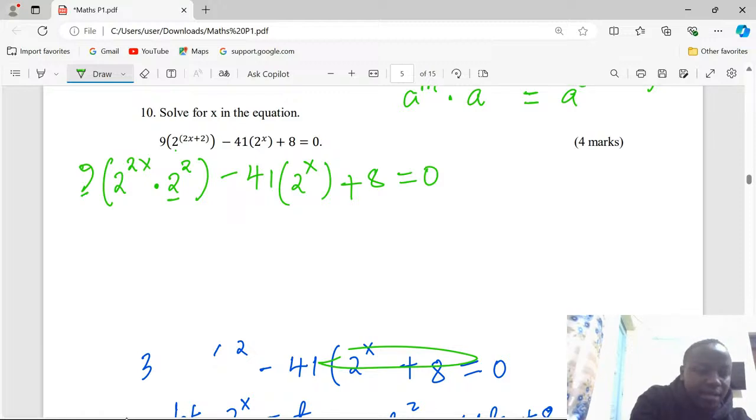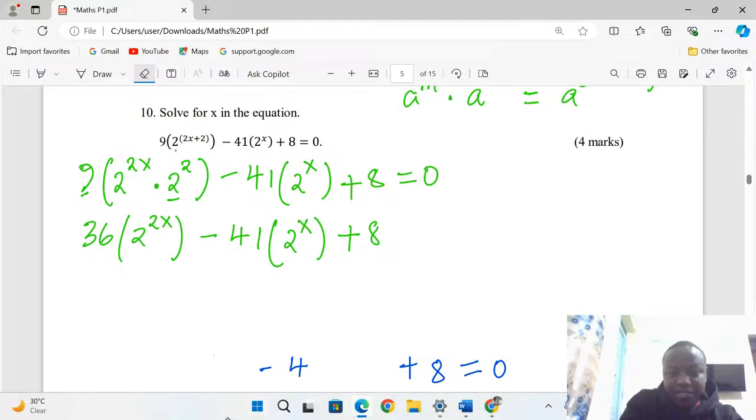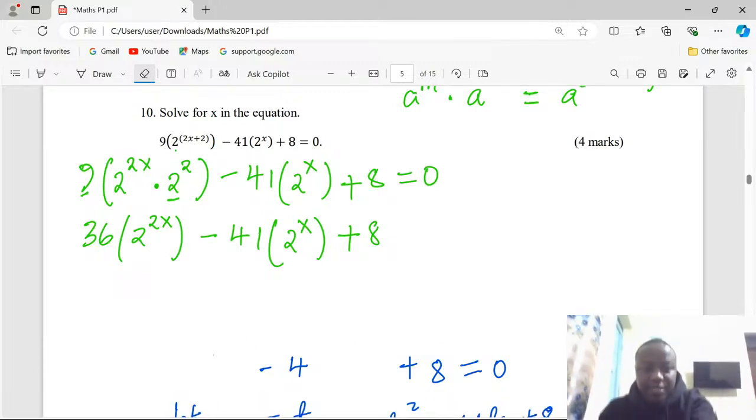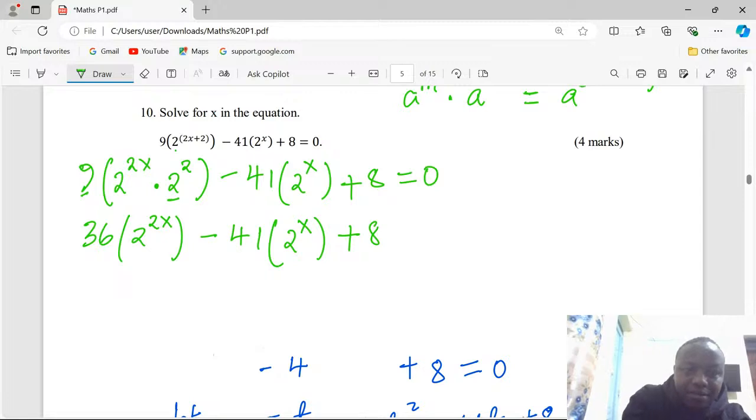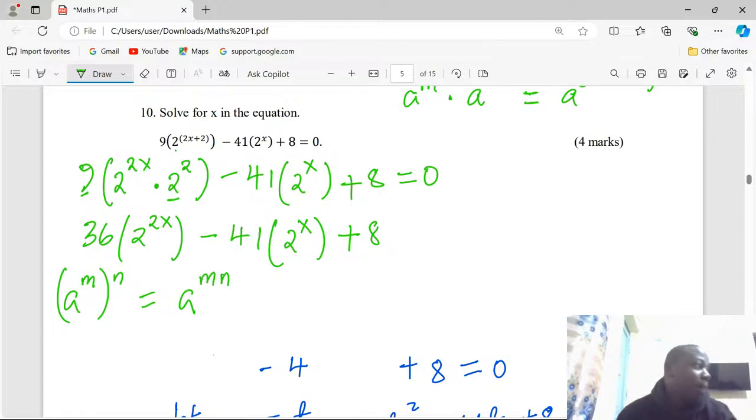So at this point, we can say that the value of 2 to the power 2 is 4, and there is a 9 here. So we shall have 36. Then there is 2 to the power 2x minus 41, then 2 to the power x plus 8. There is also what we call the product law of indices, which says that a to the power m raised to power n simplifies to a to the power of the product of the two powers.